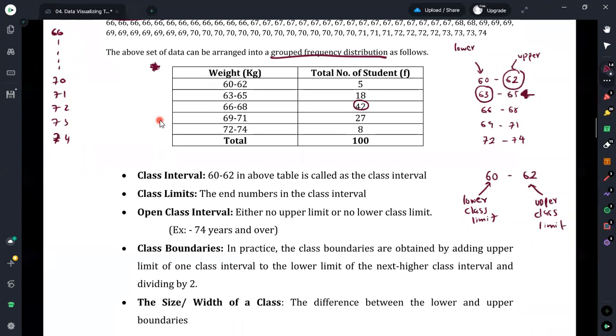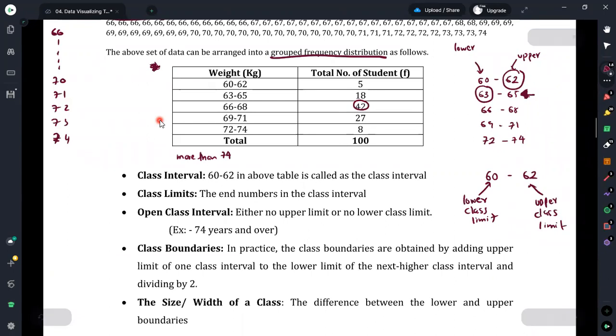And then we can have another concept called the open class interval. An open class interval has either an upper limit or a lower limit. That is why I say that there is either no upper class limit or no lower class limit for open class intervals. As an example, if you are considering another class here, it is 75 years and over, or we can simply say more than 75.